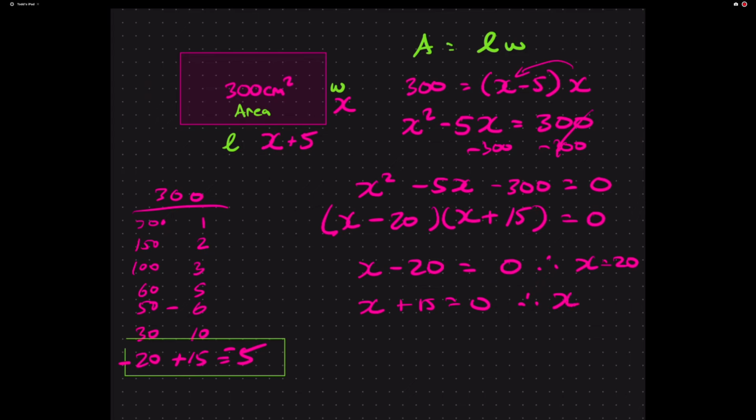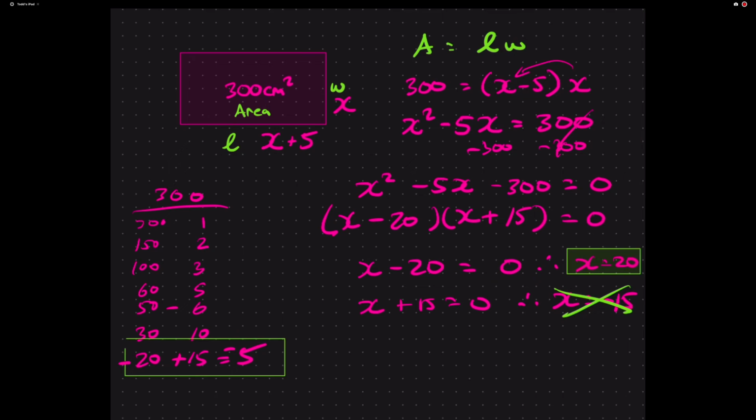Therefore, x is equal to negative 15. Now, although there are two possible solutions here, you've got to remember that we're dealing with a length and a width. Can a length or a width be negative? The answer is no. So we can't use that one. That only leaves us with this one right here, which is x equals 20.